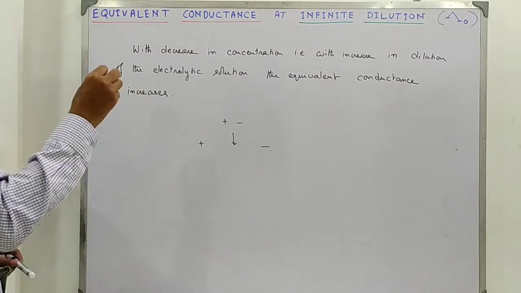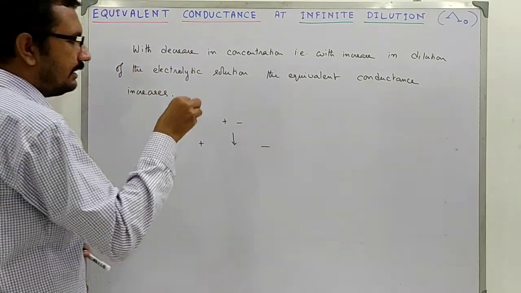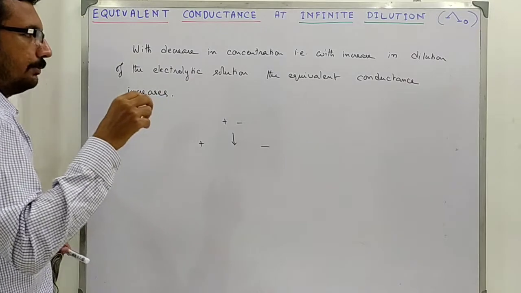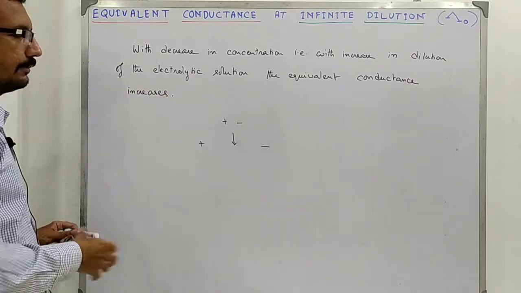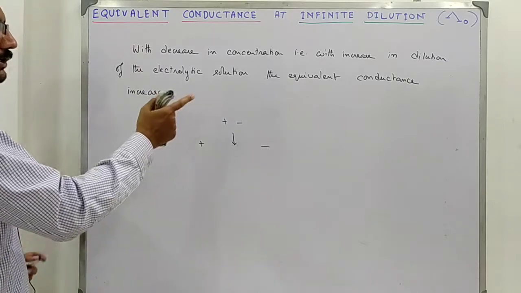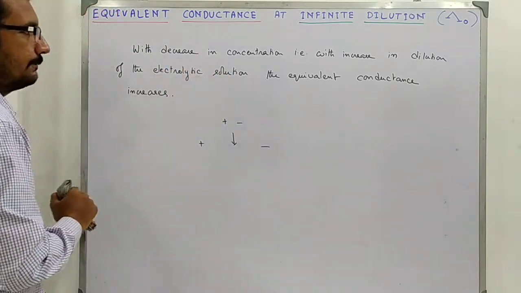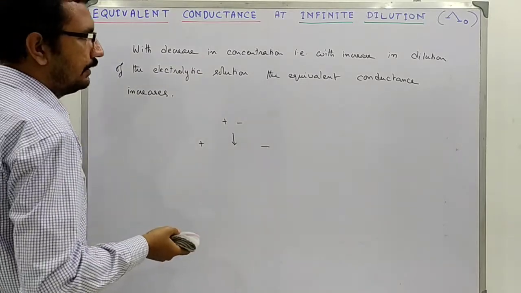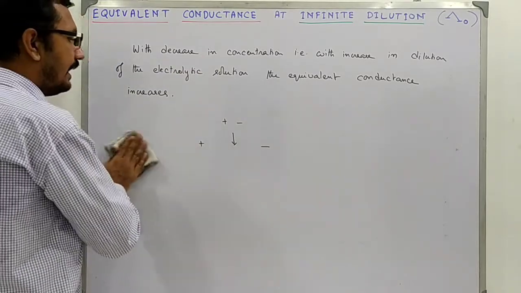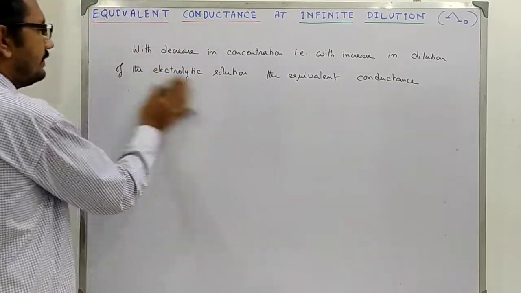Now this has to be explained in detail in case of both strong and weak electrolytes. So we have to consider the variation of equivalent conductance for an electrolytic solution with concentration, that is with dilution, for strong electrolytes and for weak electrolytes, because the behavior is different.